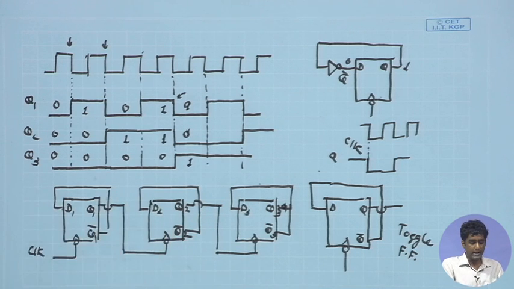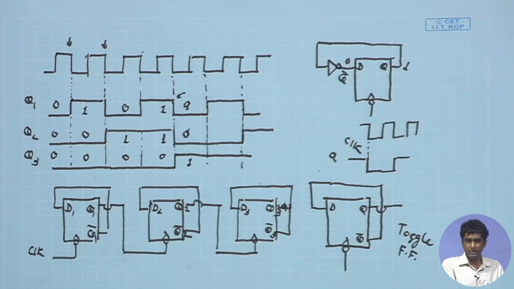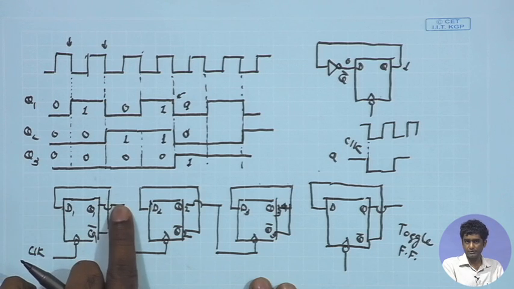In actual circuits that we are going to see for implementing these flip flops, there is going to be a delay between the negative transition of the clock and the transition of Q1.